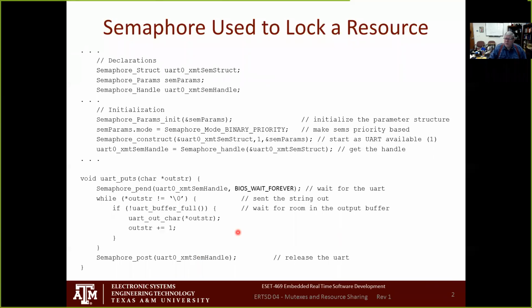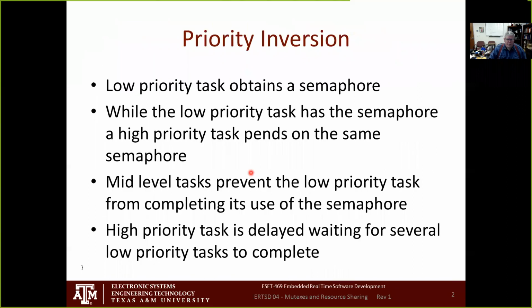The problem comes in something that we call priority inversion. Priority inversion is, by definition, when a lower priority task obtains a semaphore, and while that low priority task has the semaphore, a higher priority task has to wait on it. What this means is that a mid-level task might prevent the lower priority task from completing its use of the semaphore as quickly as we would like, so the high priority task is delayed.